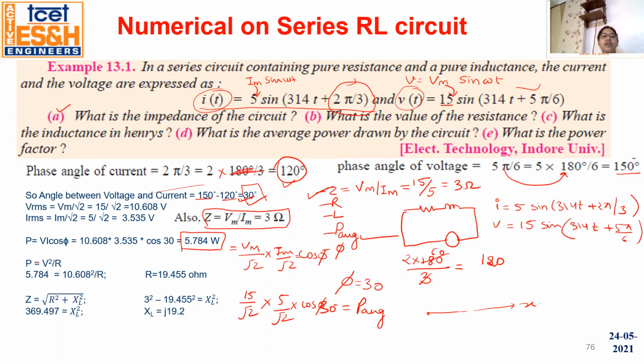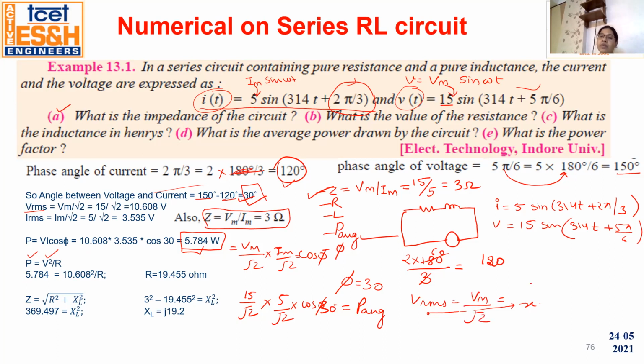Now we know that P average, here P is equal to V square by R. We know the V RMS and the P. So 5.78 is equal to VRMS squared by R. VRMS is nothing but Vm by root 2.